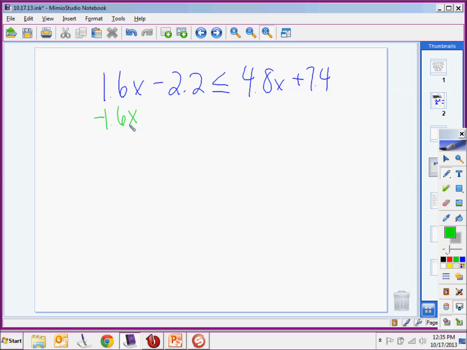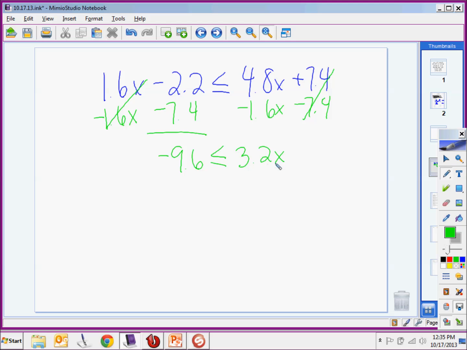I'm going to subtract my smallest x value, which is 1.6x. What I do to one side, I have to do to the other, and I make sure I keep like terms together. All right, so let's evaluate. This goes away. This becomes -9.6 is less than or equal to, this went away, 3.2x.